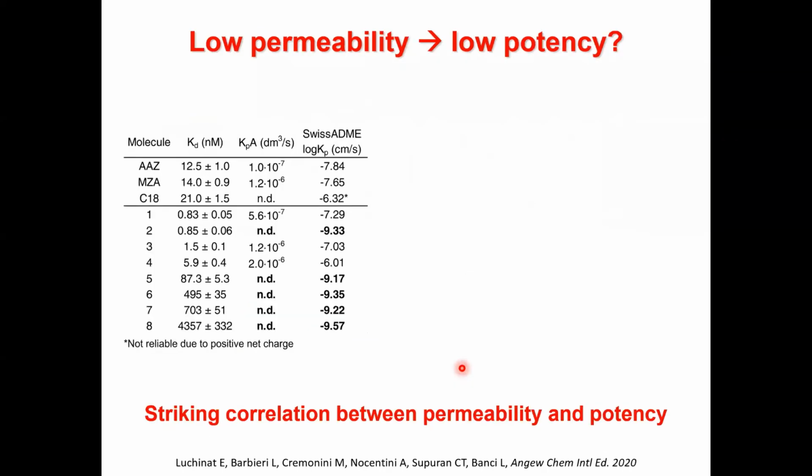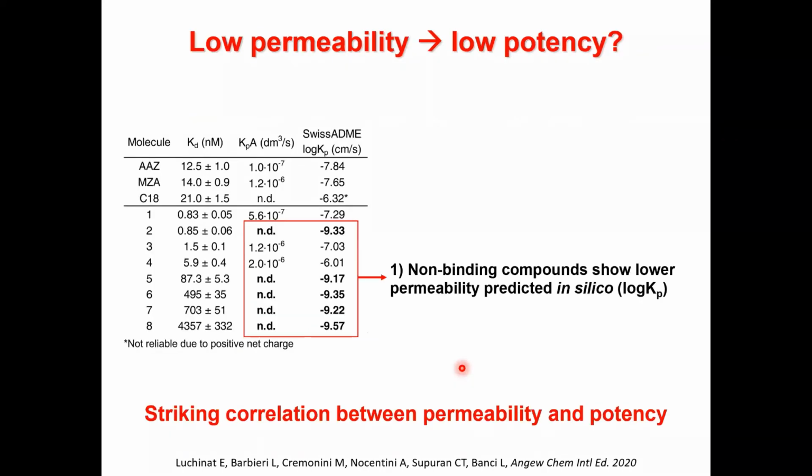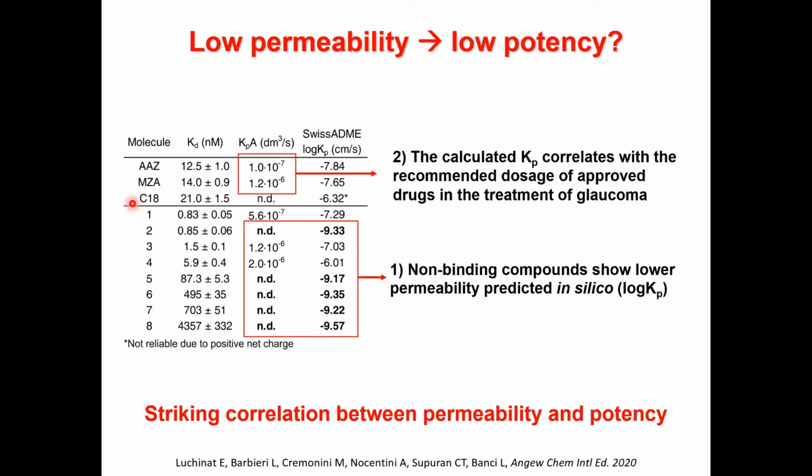And that was interesting in itself because it could explain some information that we had on the model compounds, which were approved drugs, in terms of permeability. First, we had a few negative compounds which showed a very low predicted in silico permeability, which correlates well with our findings.